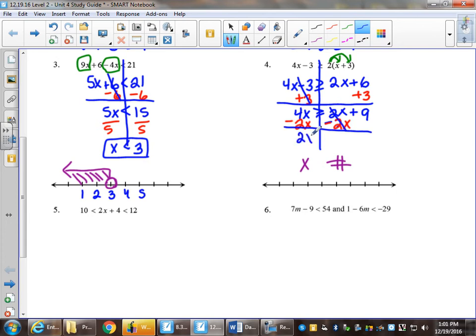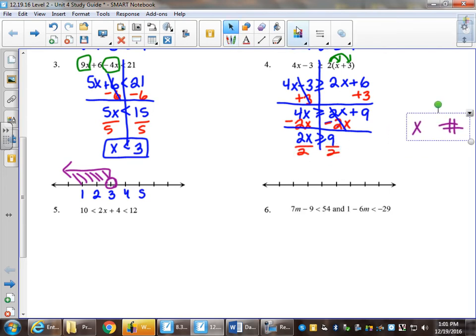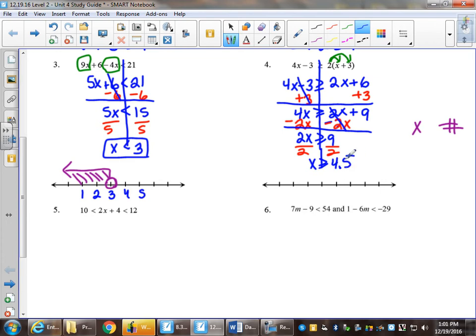That gets us 2x greater than or equal to 9. The last step will be to divide both sides by 2. And we get x is greater than or equal to 4.5. Decimals are okay answers. It does not mean you did something wrong.